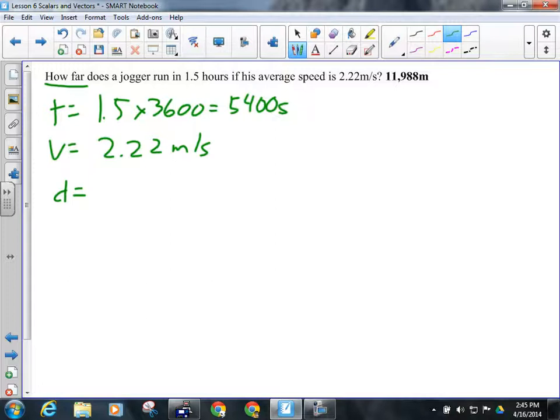All right, I'm looking for D. So V equals D over T. To manipulate this formula, we will not use a triangle under penalty of death. No triangles can be used here. If I want to get D by itself, how do I move T over to here?